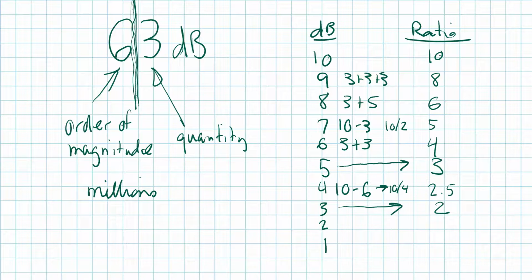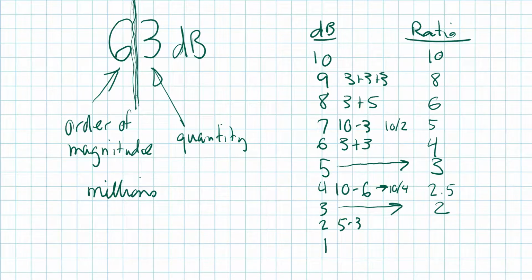So a dB value of 4 is a ratio of 2.5. And then 2, we can think of as the difference between 5 minus 3.